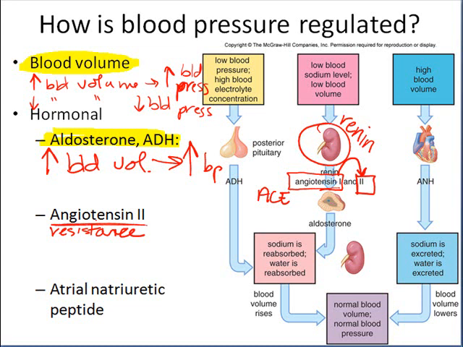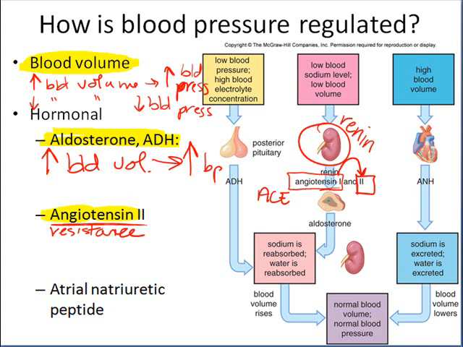Okay, it stimulates the constriction or vasoconstriction of blood vessels. You can kind of tell that actually by the name. Tensin means to tense up, to contract. Angio relates to blood vessels. So angiotensin II literally causes blood vessels to constrict, and that causes the diameter of blood vessels to be smaller, therefore blood pressure goes up.